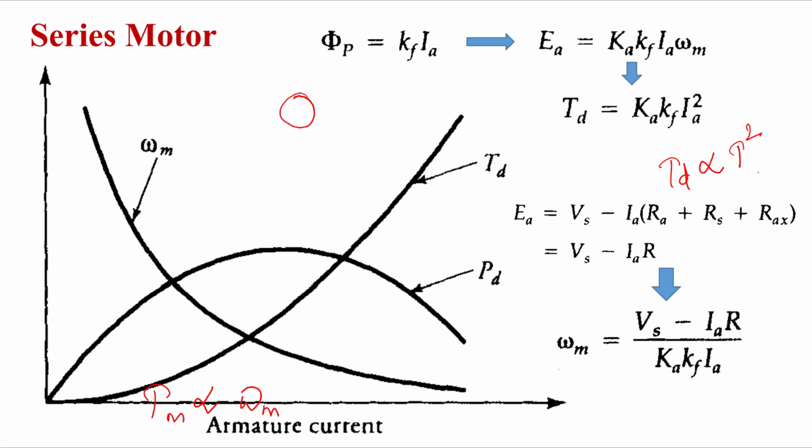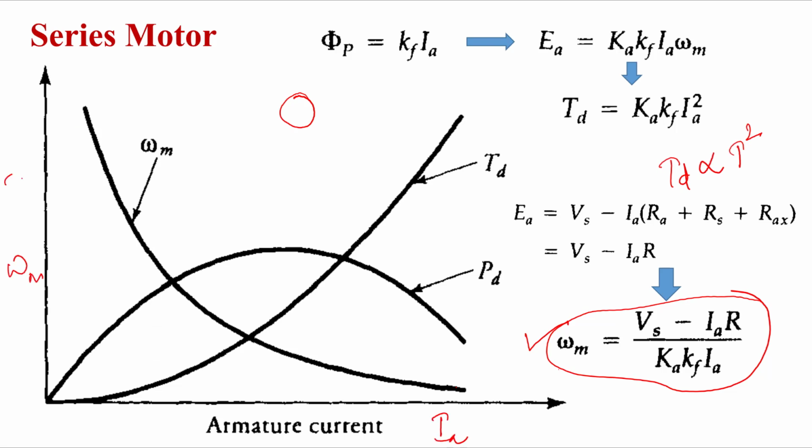This characteristic is between the speed and the armature current, torque and the armature current, and the developed power and the armature current. So first, if we see the speed versus armature current from this equation, we can draw this kind of characteristic because it is inversely proportional, right? So your characteristic will become like this, omega versus armature current.